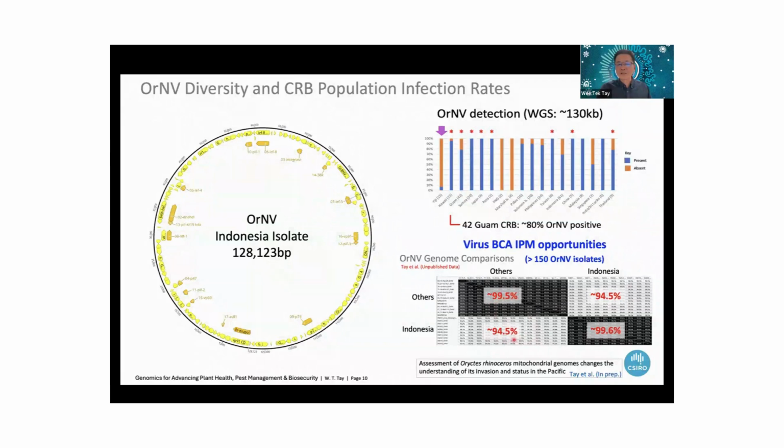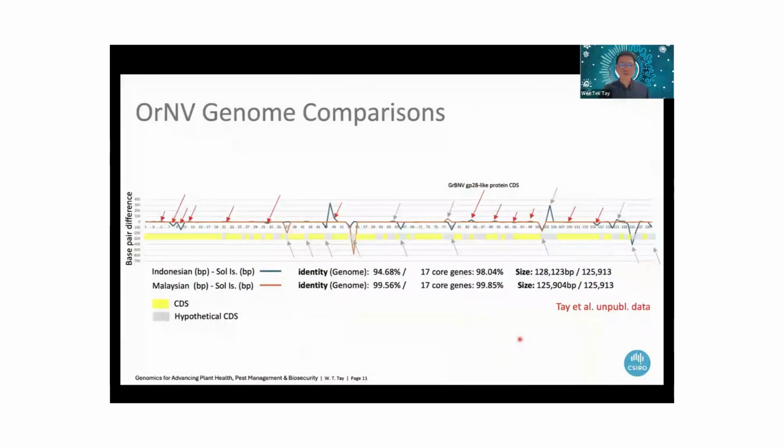So these are potentially different genetic isolates of the virus that are being described for the first time. And we can do that with a whole genome approach. If we compare the base pair differences and the gene differences across the Malaysian and the Indonesian virus, we can then detect significant insertions or deletions in the genes, which are represented by the yellow, and hypothetical coding sequences that have huge deletions or insertions, indicating that these are unlikely to be genes, they're just intergenic regions.